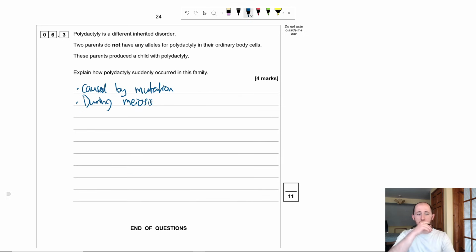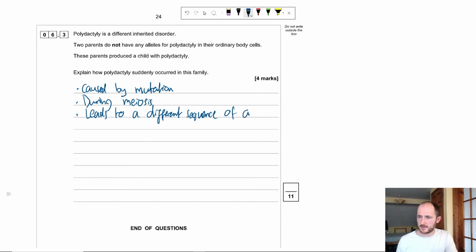so specifically that's the production of germ cells, so sperm and egg cells, which leads to a different sequence of amino acids. And what does that actually mean?